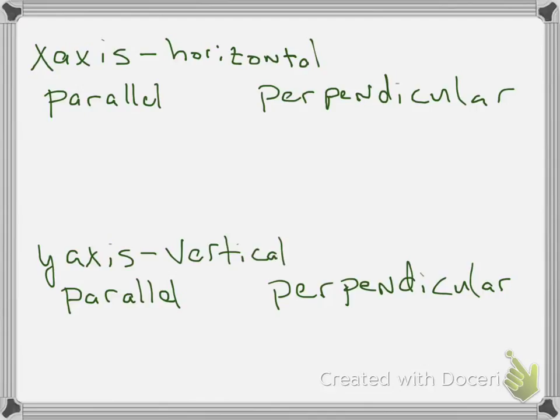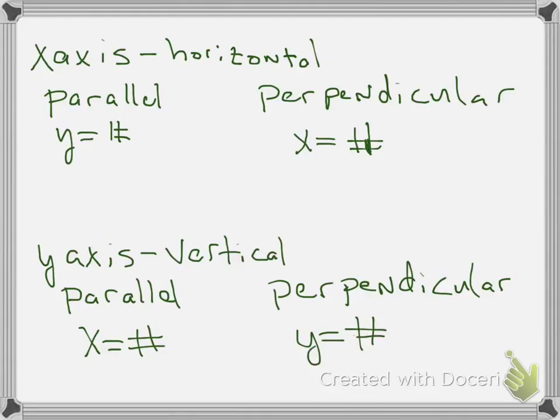So if I want something parallel to the x-axis, I would want y equals some number, any number. Perpendicular would be x equals a number. And then for the y-axis, that would be the opposite. x equals a number would be parallel. y equals some number would be perpendicular.